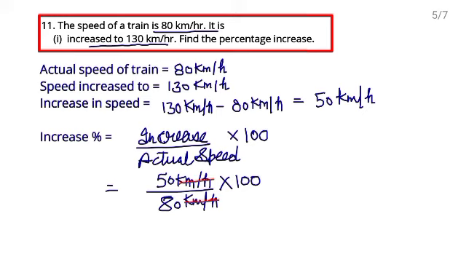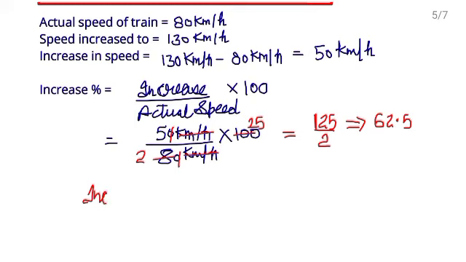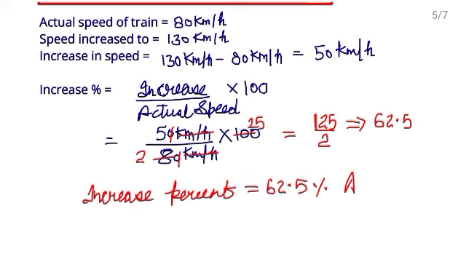Kilometer per hour to kilometer per hour cancel out. 0 to 0 cancel out. 4 2s are 8. 4 2s are 8. 4 5s are 20. So this is 25, 5 5s are 100. 25 upon 2. When you calculate it, you will get 62.5. So the increase percent is 62.5%. This is your answer.